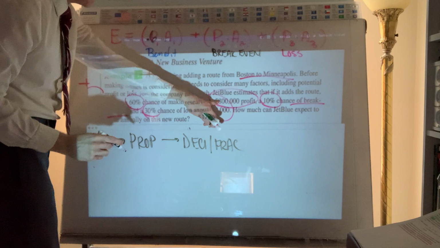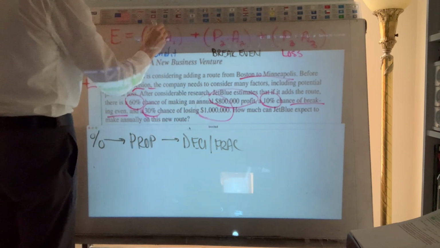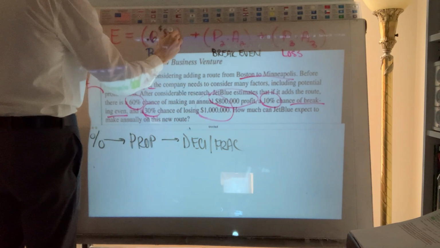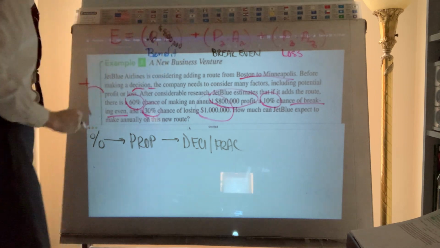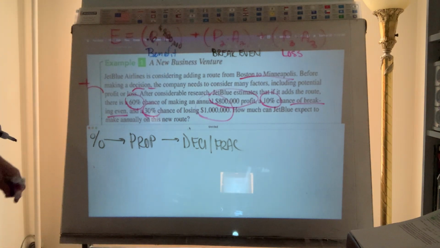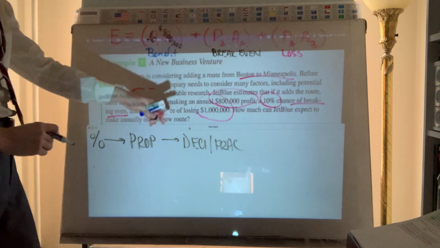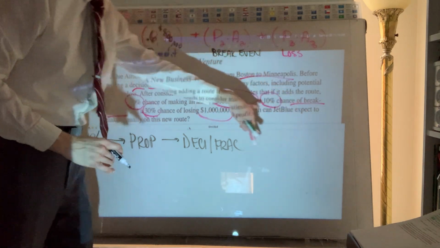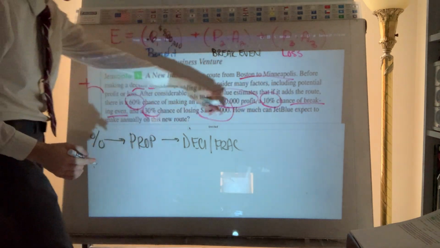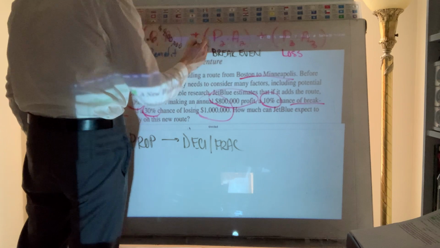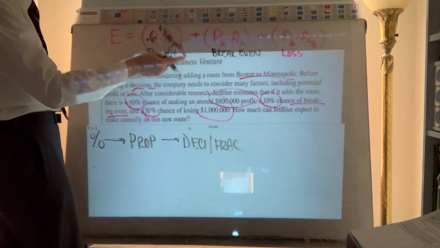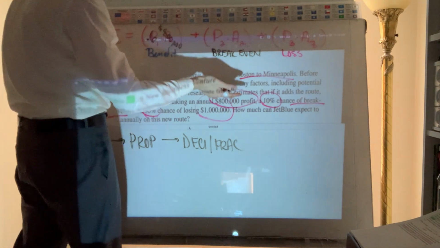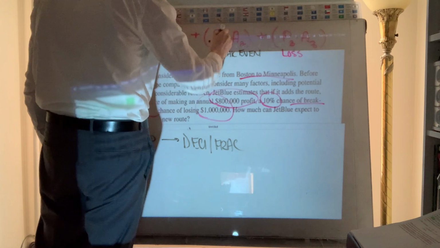And the amount of money involved would be $800,000. In the second term, the break-even term, it says that there's a 10% chance of break-even. So 10% in the style of a probability as a decimal would be 0.1.